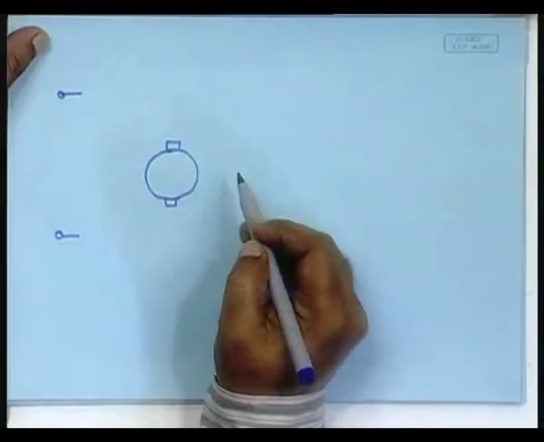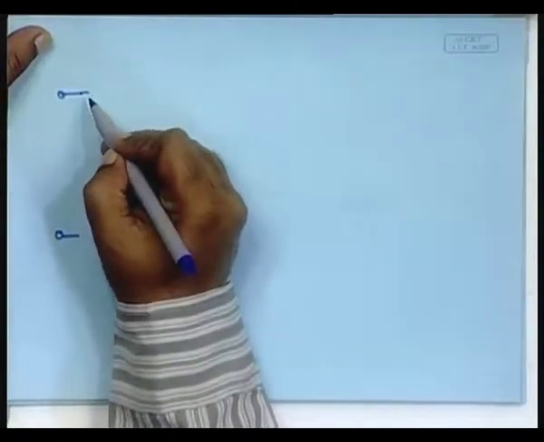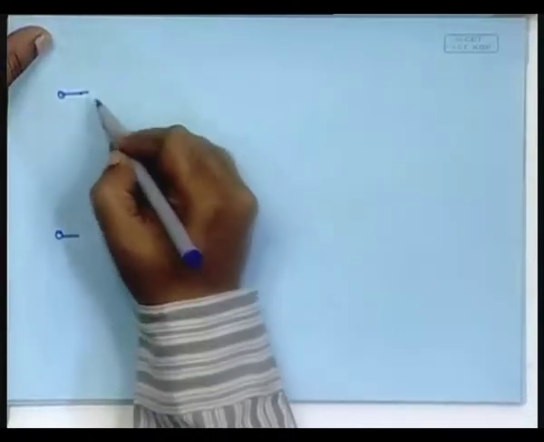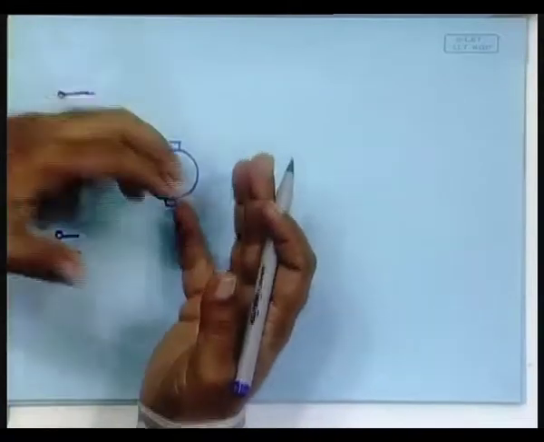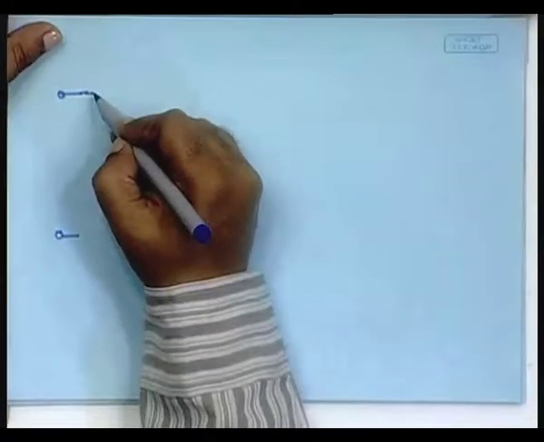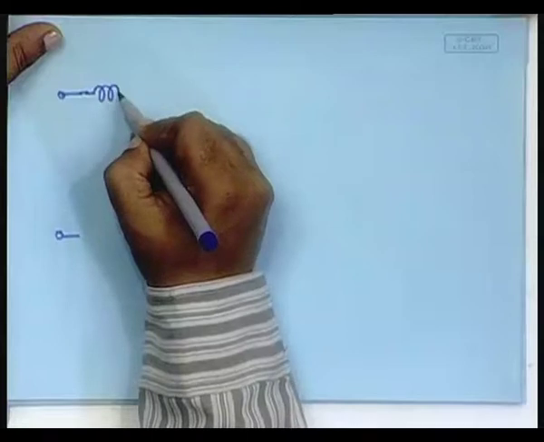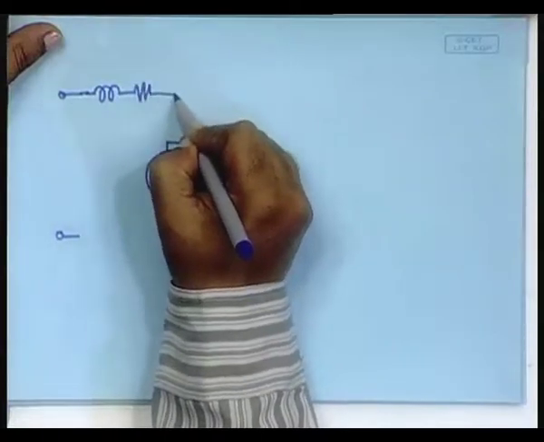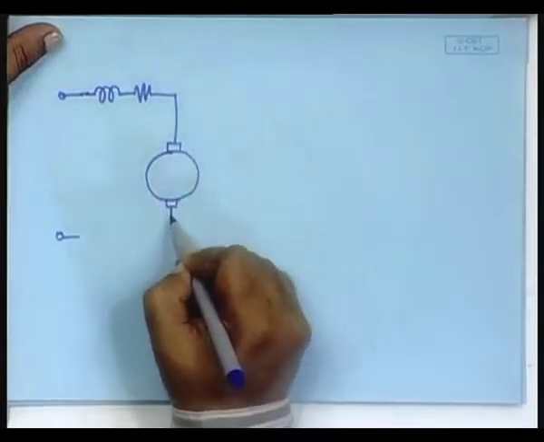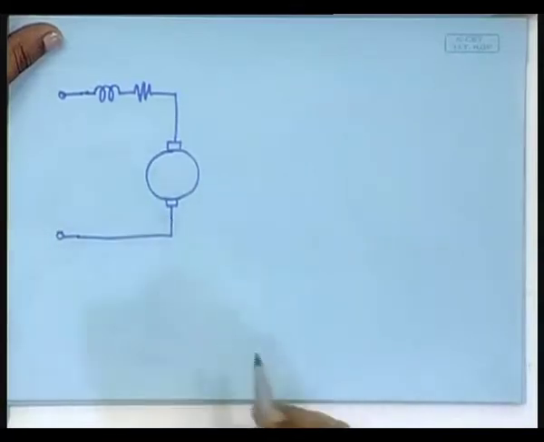There will of course be some resistance and inductance of the armature winding. So, let us take that out, so that we can directly see that they are in the circuit. So, that is the armature circuit.